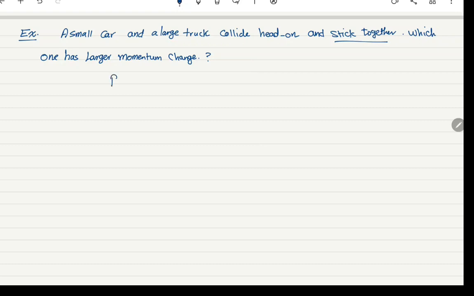So P final equals P initial. Now the change in momentum after the collision, delta P, equals 0 for the car and the truck combined together.